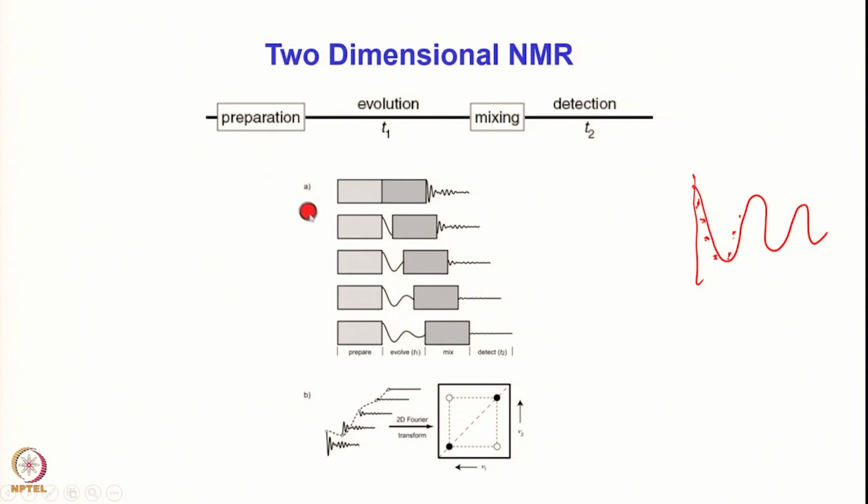during this period, and the mixing is a crucial thing which allows you to establish correlations between the spins here and the spins there, okay. Mixing establishes correlations between the evolution and the detection. Let me write that here.